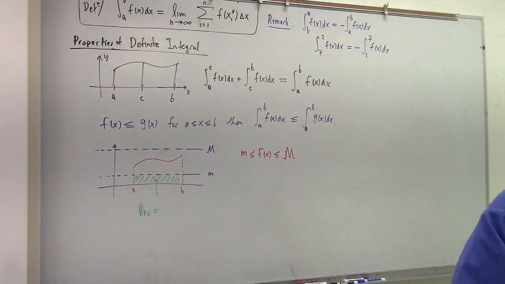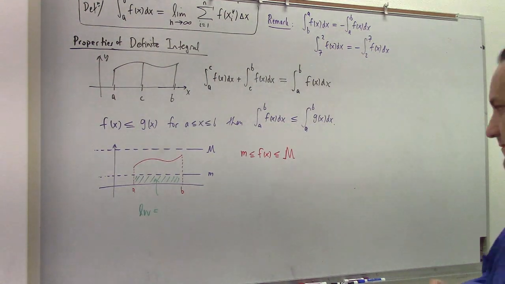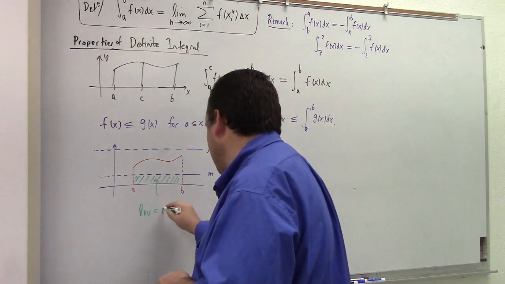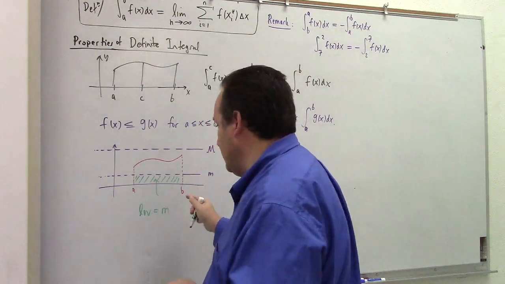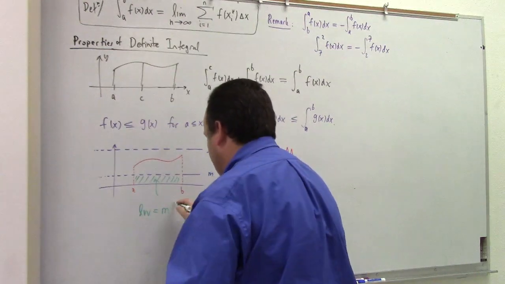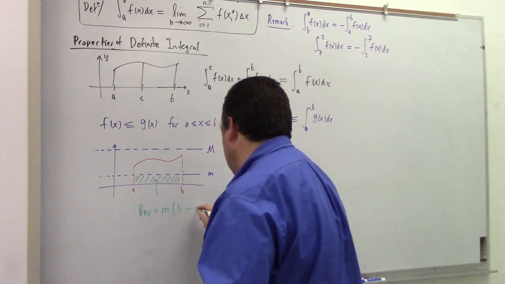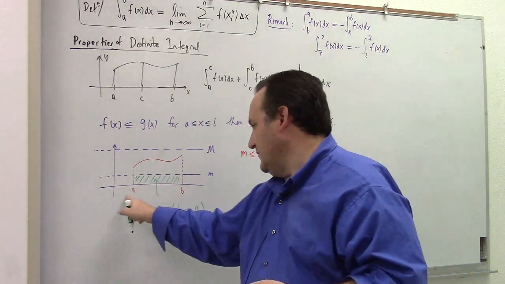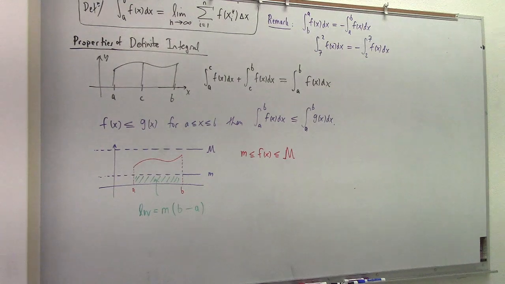What's the length? Little m is one of the distances. What's the other distance, from here to here? We do b minus a, right? That gives me the distance. Like if this was 7 and that was 3, 7 minus 3 gives me 4. 4 is the distance. So that's that area, right?